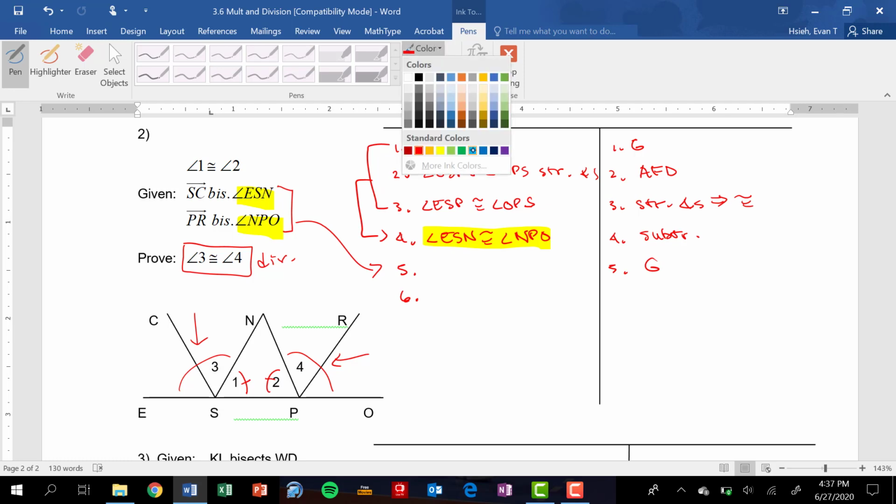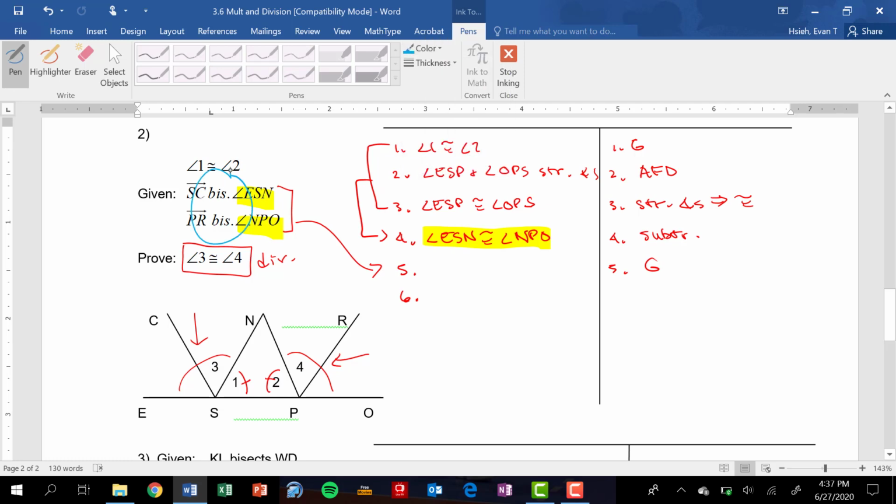Because again, we need 2 bisect statements, and we need a congruent statement. There's our congruent statement. So from that, I can say that if these are congruent to each other and they're bisected, then the smaller pieces must be congruent to each other. So angle 3 is congruent to angle 4 by division property.